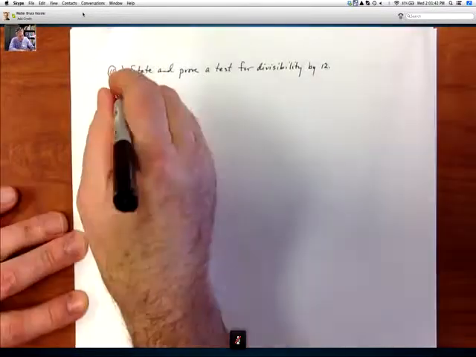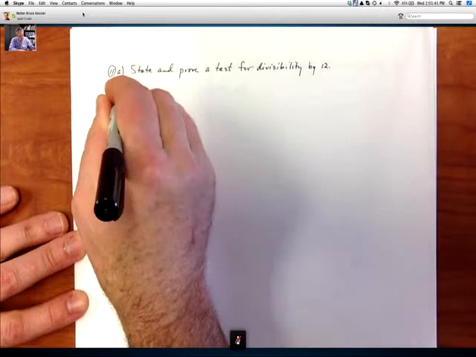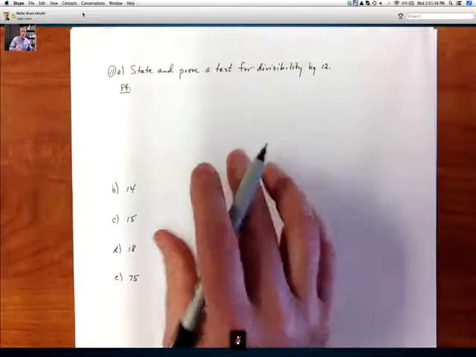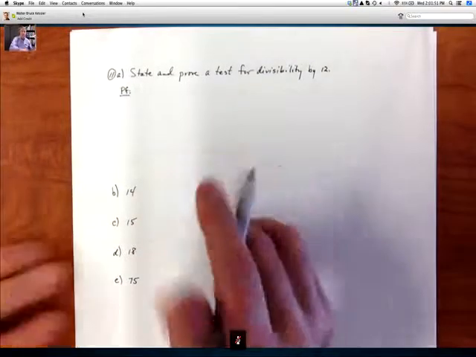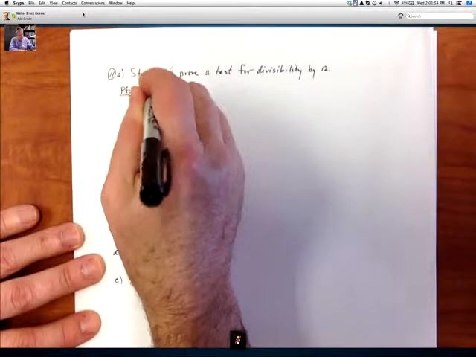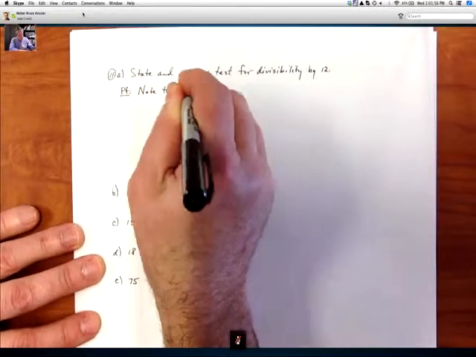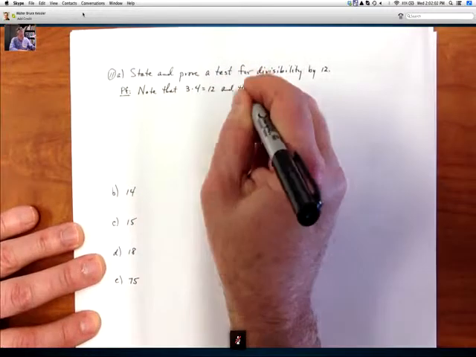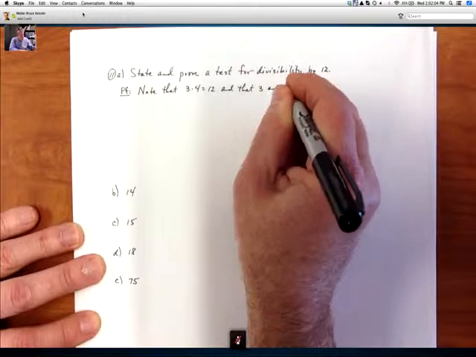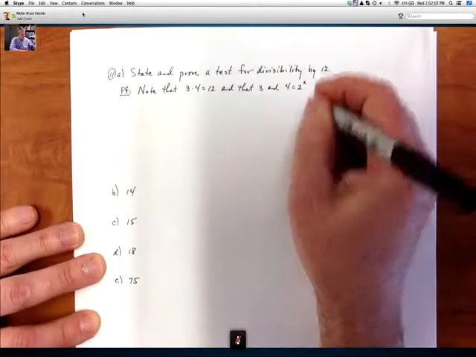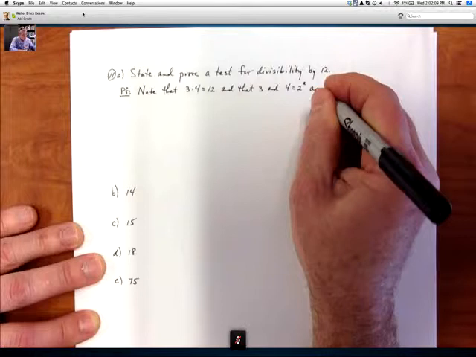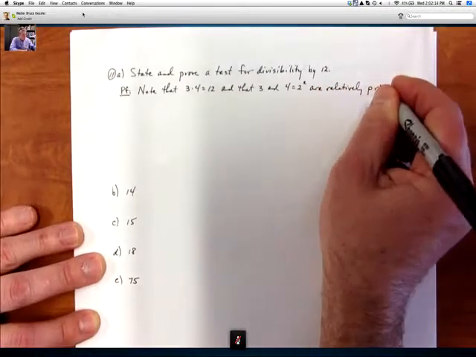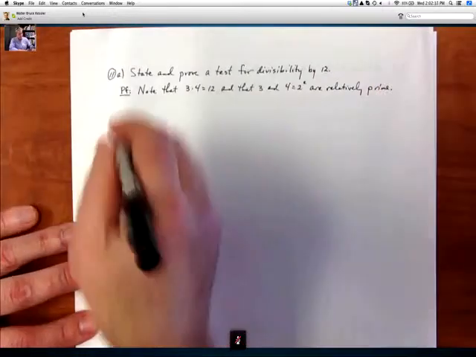So, okay, no problem. This is going to be based on our product theorem, right? So we just need to point out two things that multiply up to give us 12 that are relatively prime. So I would say something to the effect, note that 3 times 4 is 12, and that 3 and 4, which is 2 squared, that's its prime factorization, are relatively prime. And then you're about done.